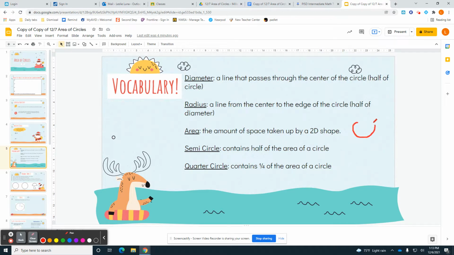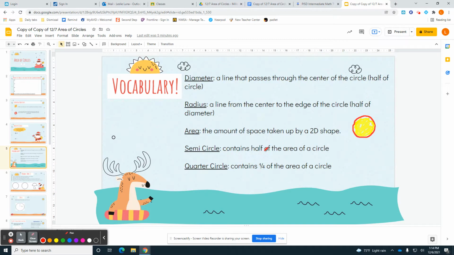So like with a circle, your area would be the space that the circle covers or takes up. So the inside of the circle. Okay, so it's not perfectly shaded. That's fine. It's just to show you.